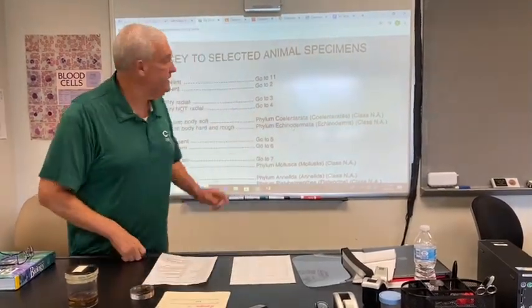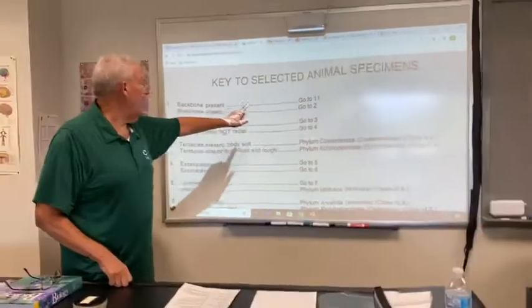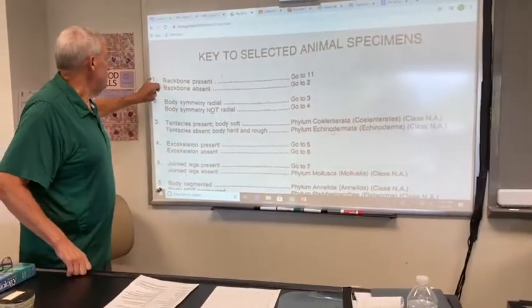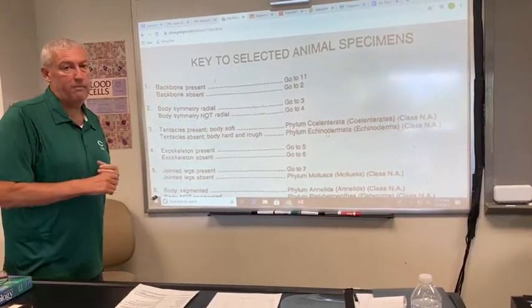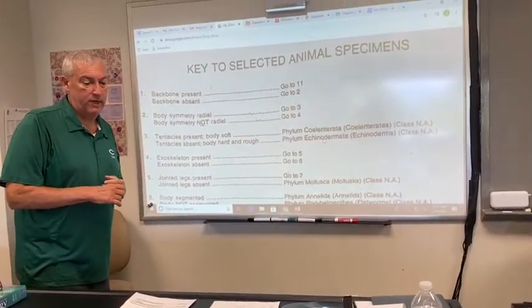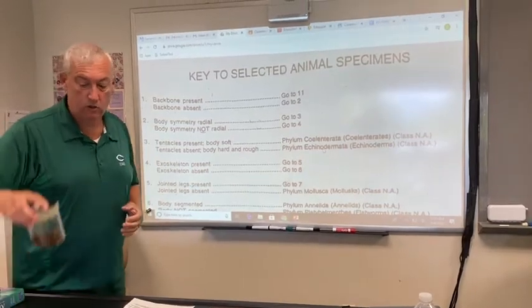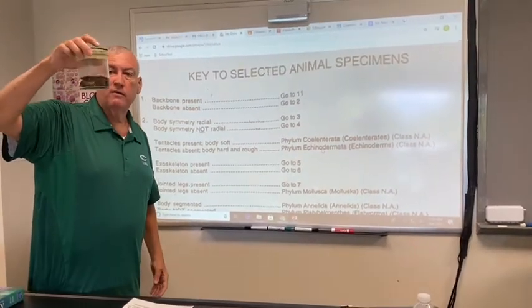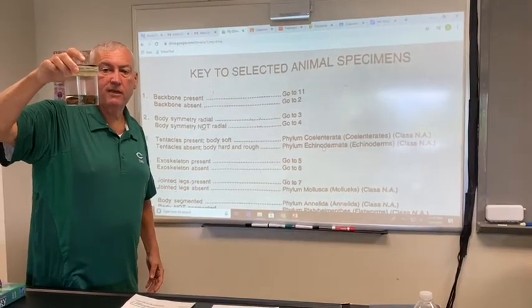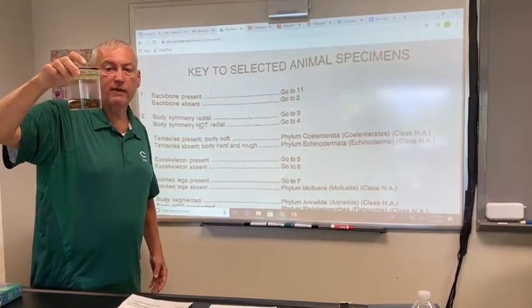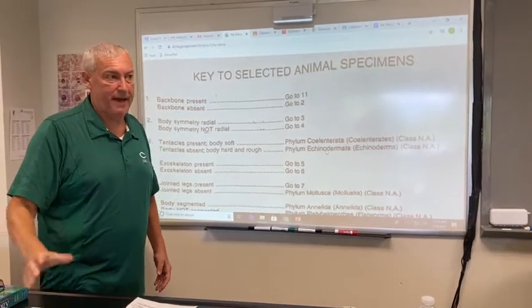You always begin at step 1. Step 1 says backbone present or backbone absent. So what you need to do is observe the specimen, in this case our fruit bats, and determine whether or not bats have a backbone.